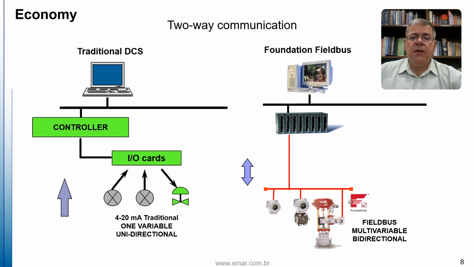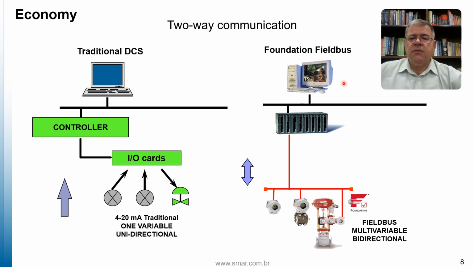Therefore, in a system using 4 to 20 milliamps, to summarize, all devices utilize a single set of wires to function properly, sending this analog signal in a single direction to the I/O cards that are located with the controller and the management, engineering, or maintenance computer.